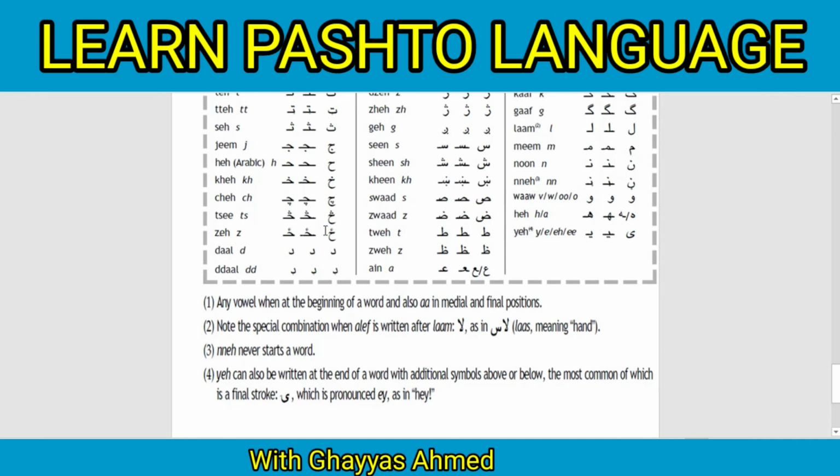Ne, this one. This one shouldn't be used at the start of a word. Ye can also be written at the end of a word with an additional symbol above or below, the most common of which is final stroke ye, which is pronounced as ye as in hey.